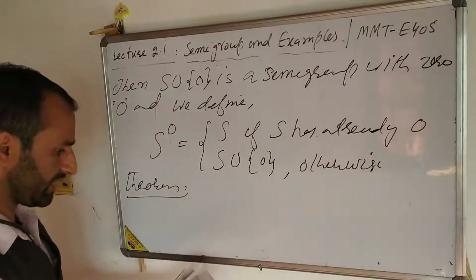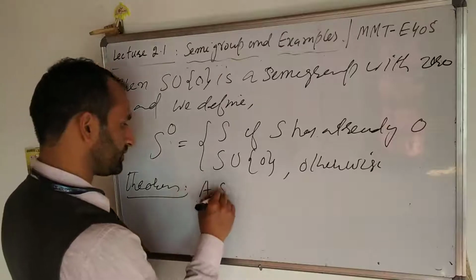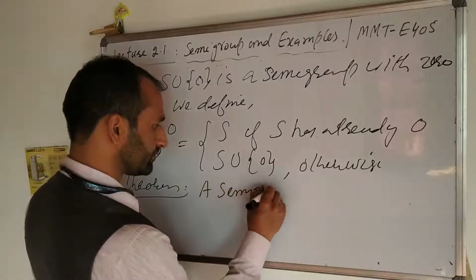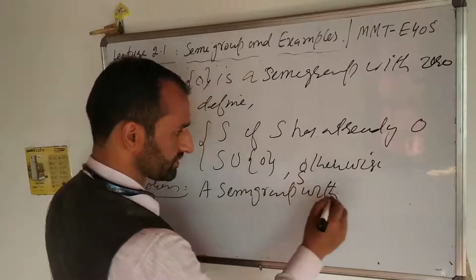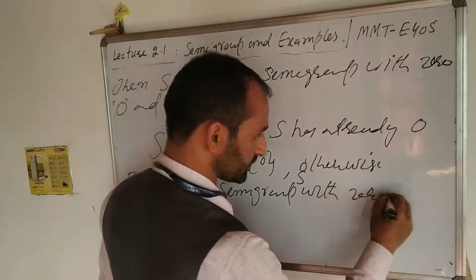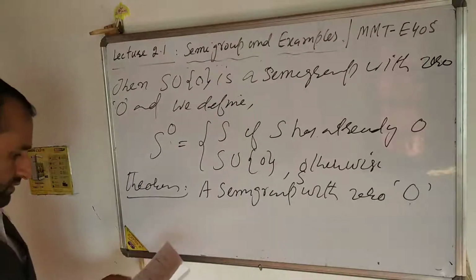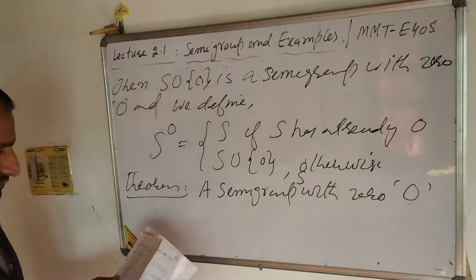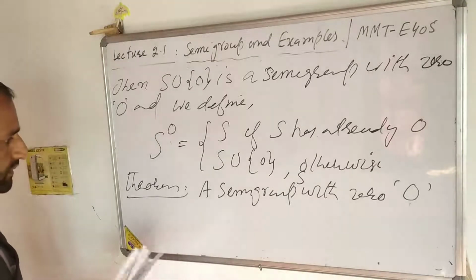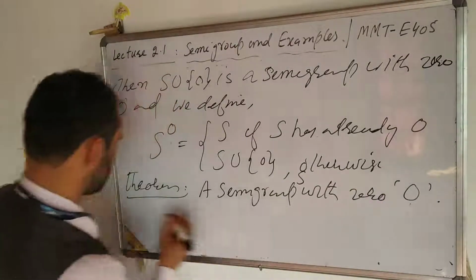So if S is a semigroup with 0, then 0 is unique.